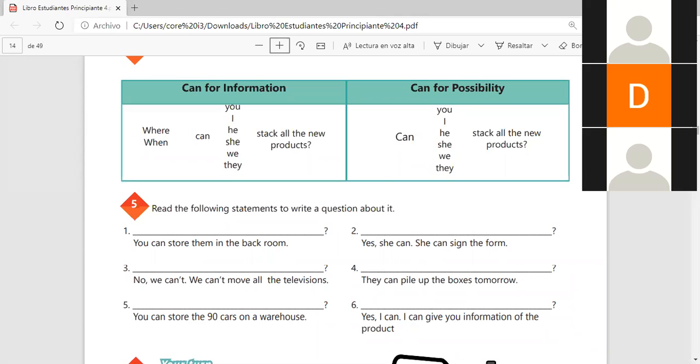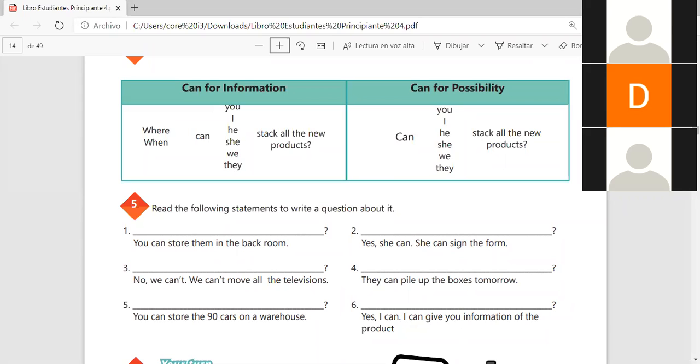The possibility. Yes, it is possibility. Can you open the box? Yes or no? Is it possible? Is it permission? Probably no, because I'm not saying can I. It's not permission, right? If I say, can I open the box, is permission.